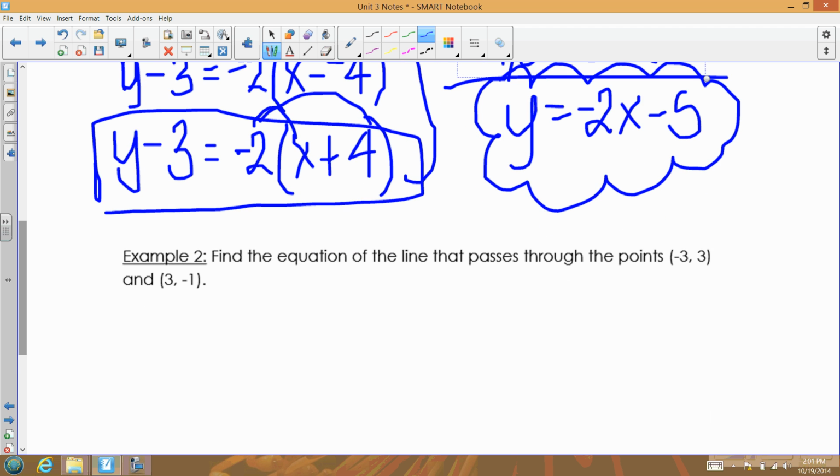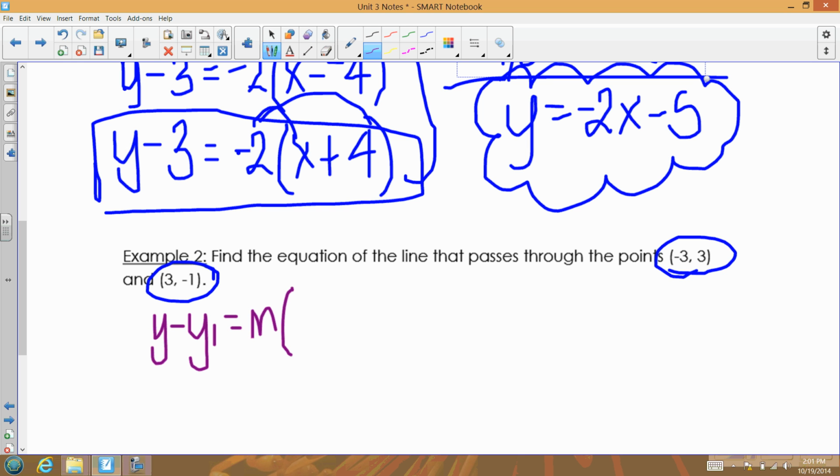This example here says we want to find the equation of a line that passes through the points -3, 3 and 3, -1. So I know that I'm going to be able to use that point slope formula because I'm given a point. But in order to use point slope formula, so point slope formula is the y minus y1 equals m times x minus x1.